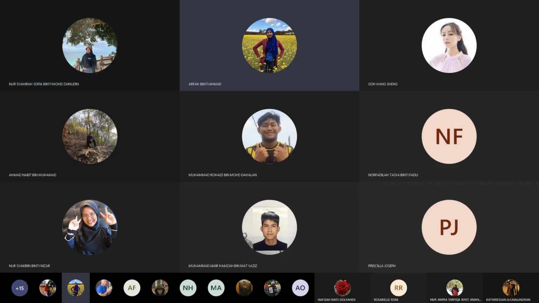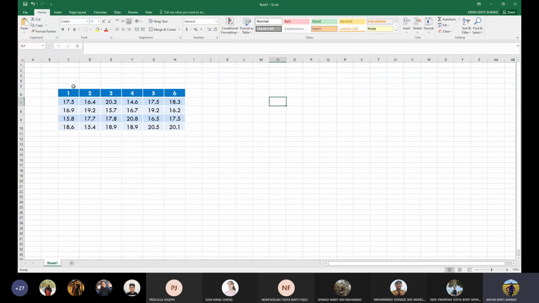This one. So data awak macam ni kan. So yang ini adalah machine awak punya faktor. Okay, this is machine. Kita ada machine 1, machine 2, machine 3. Dan dekat kolom ni, row ni adalah awak punya replicate.